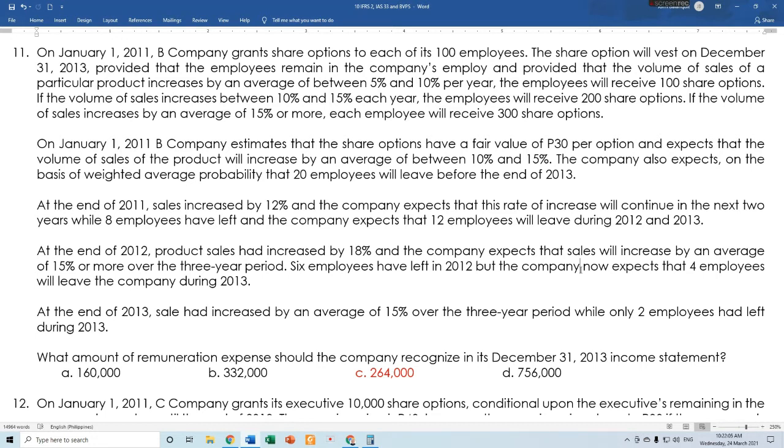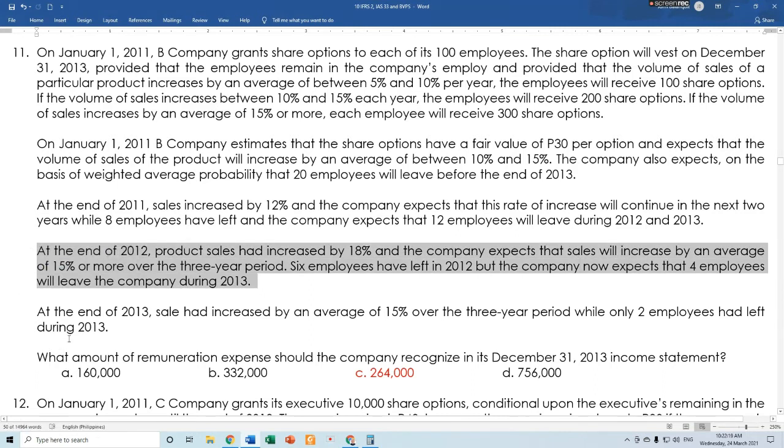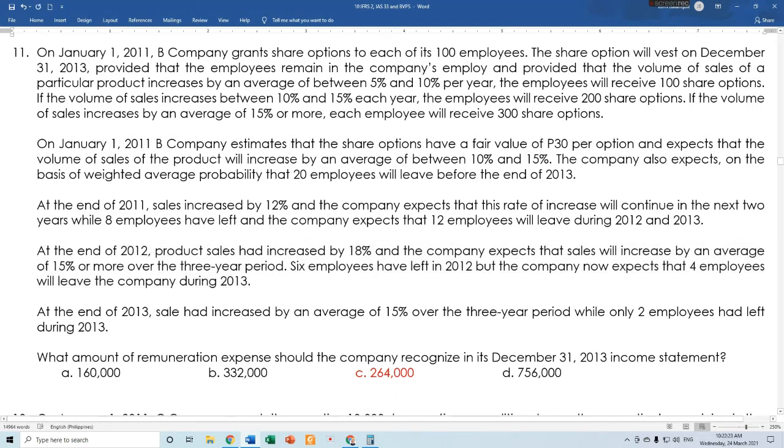So, kung yung pinapakompute sa atin is yung last year, huwag na tayong mag-start sa year 1. Diretso na agad tayo ng 2012, para ito yung basis natin ng ibabawas natin sa 2013. Okay? So, 2012 agad tayo mag-compute.